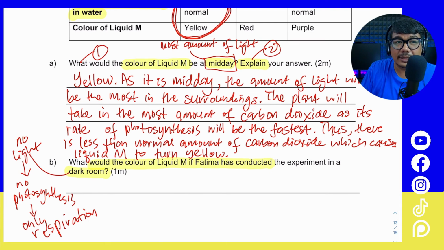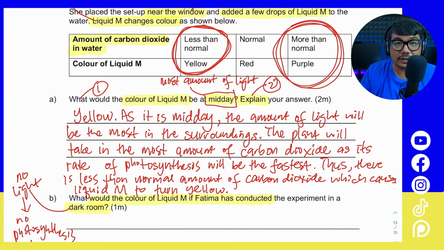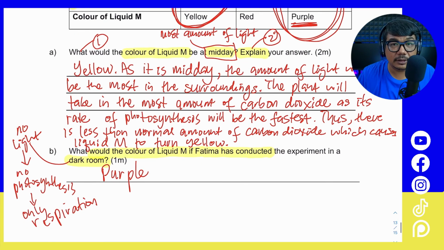Then definitely it is going to be more than normal. Okay, so because it's more than normal, then the color of liquid M will be purple.